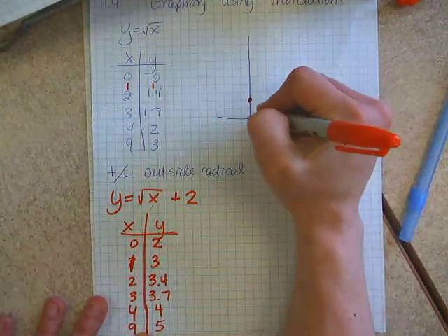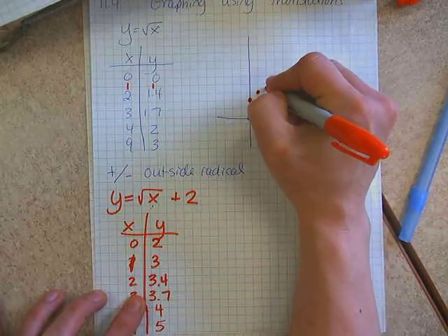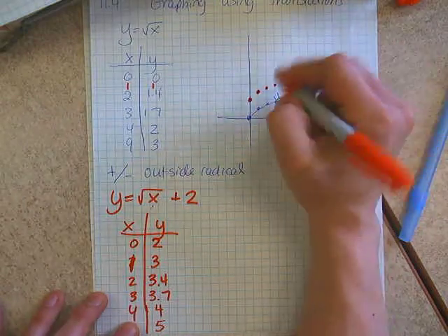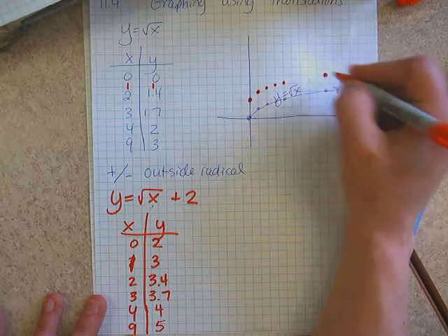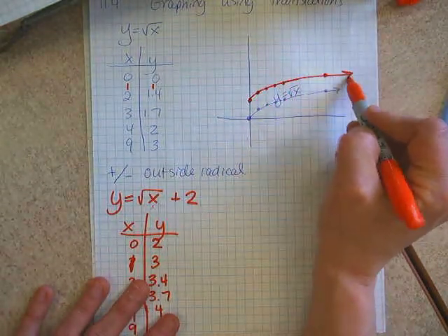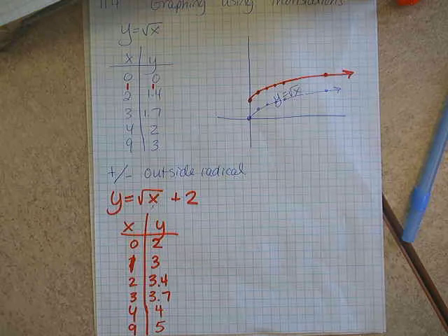If I graph this, I have 0, 2, 1, 3, 2, 3.4, 3, 3.7, 4, 4, 9, 5, which is that. Now compare the graphs.